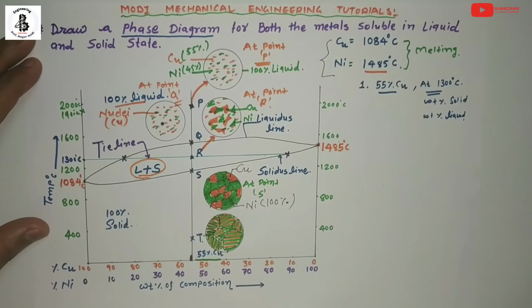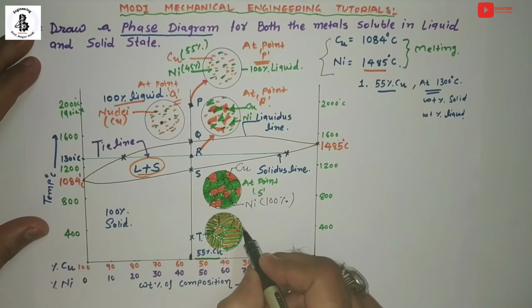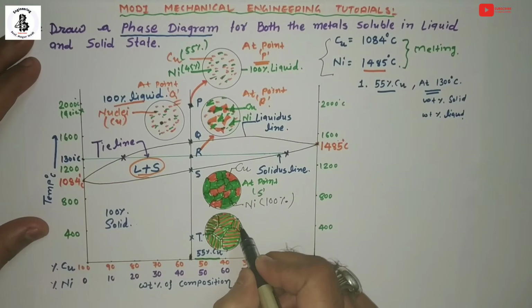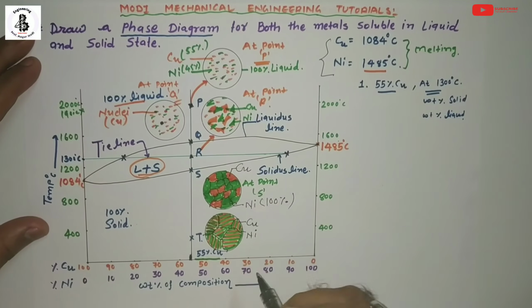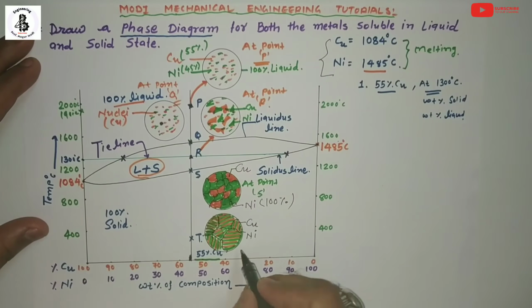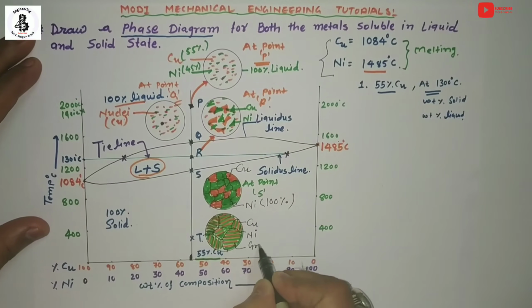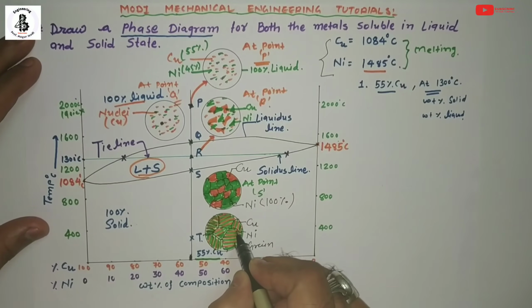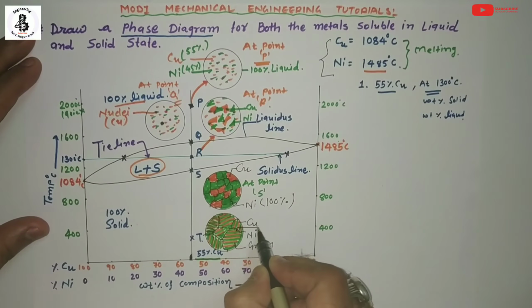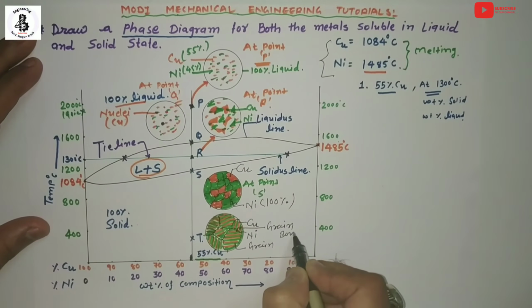So at point T, which you can consider as room temperature, it makes alternate layers of copper and nickel, and it makes different kinds of grains. That is totally an indication of grains, and one grain is separated from another grain with the help of grain boundaries.